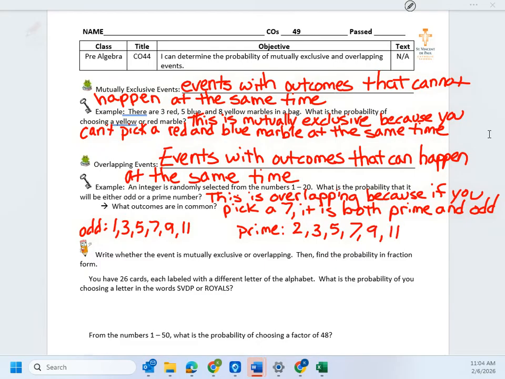So which ones do they have in common? Not the 1 and not the 2. So there's not a total overlap, but there are a lot that do overlap. Not every single number overlaps it. So 1 would count because it's an odd number. 2 will count because it's a prime. And then it's all the rest of the odds after it. So there's some overlap, but not all overlap.